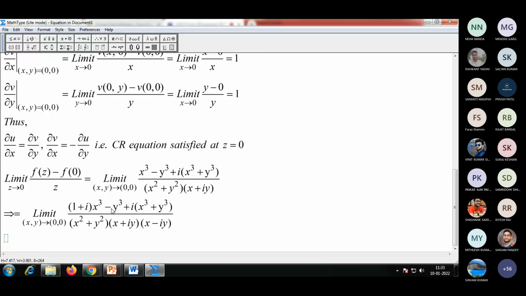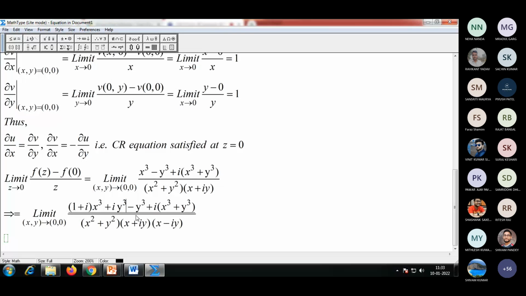What can we take common? We can take common i: x cube plus i y cube. So we are taking i y to the power 3.